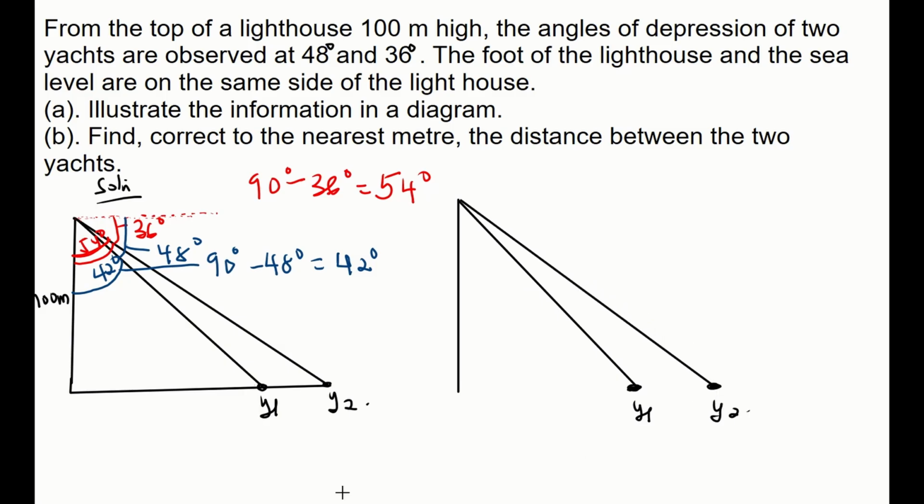Since they are all on the same horizontal line, we match them to the top. This is the same thing we have here, but now we have identified the respective angles. For Y1, this gives me 42 degrees.